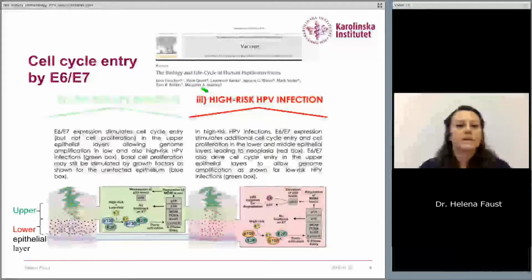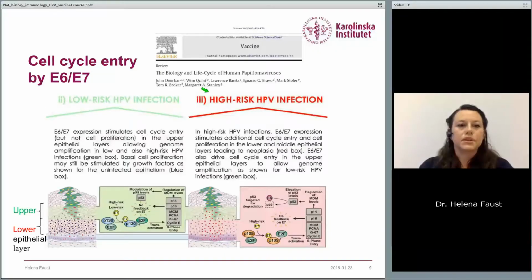We have to keep in mind that cells are manipulated by HPV. What's most important here is E6 and E7, which bind to P53 and RB, meaning that they bind and degrade them and make cells divide at a place where they shouldn't.